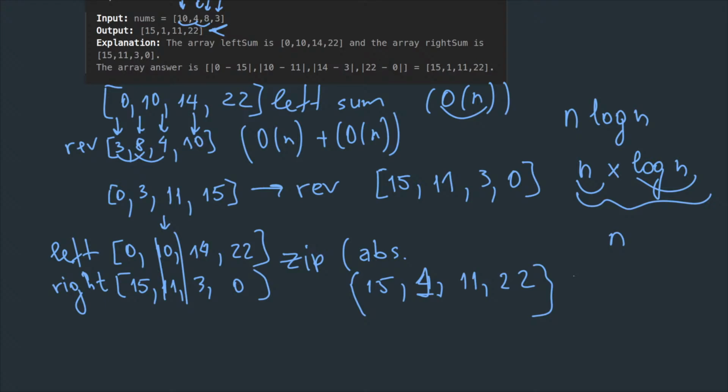Oh, log n. Okay, yeah, log n is better, but why should it be log n? Is it told somewhere that this is sorted or something?